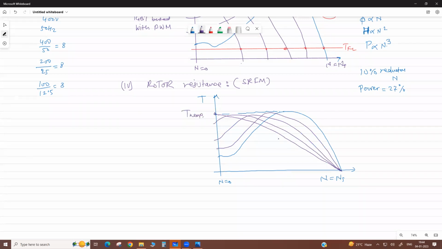But why? If we increase the rotor resistance, see here your R2 increases.